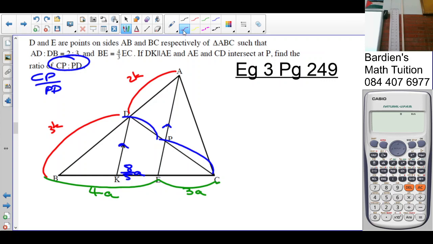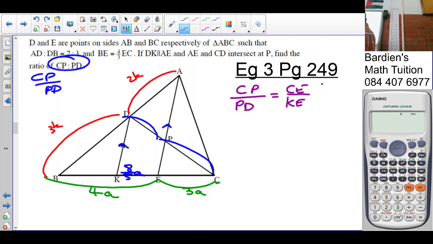They want CP over PD. So we know that CP over PD is equal to what? CP over PD is equal to CE over EK, or KE.